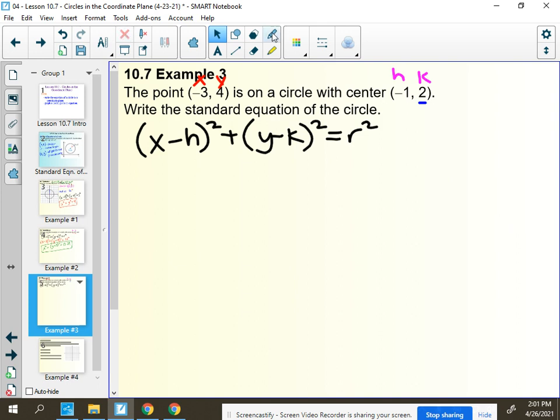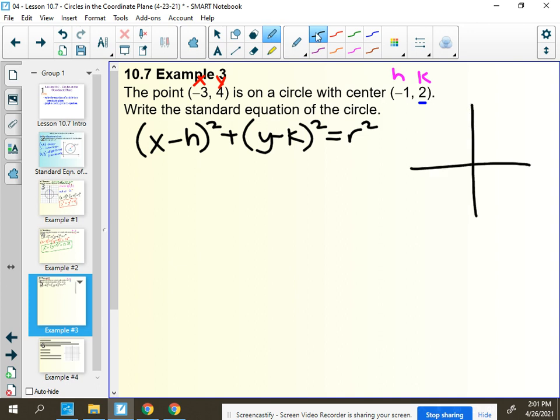just to look at what's going on here. I'm not saying you have to make a picture, but even if I was just making a generic one, the center of the circle is (-1, 2), somewhere right here. And this point (-3, 4) is on my circle. I'm not saying this is exactly what the circle looks like.